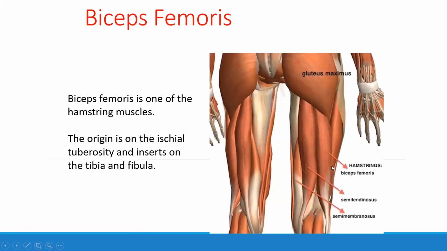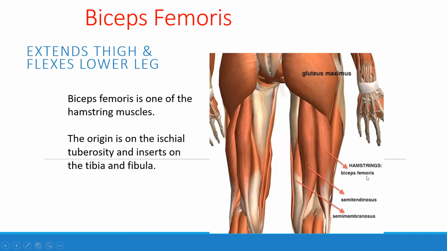Okay. Now, what do the hamstrings do? Well, they do the exact opposite of what the quads did. The quads flex the thigh, cause the thigh to bend, and they extend the lower leg, they kick out. Here with the hamstrings, instead of flexing the thigh, you extend it.